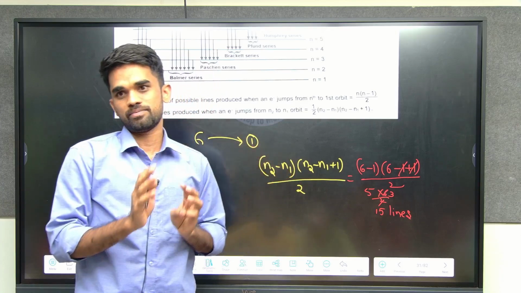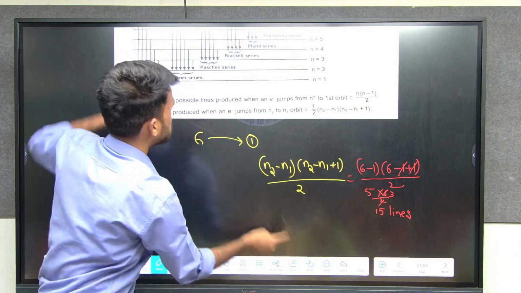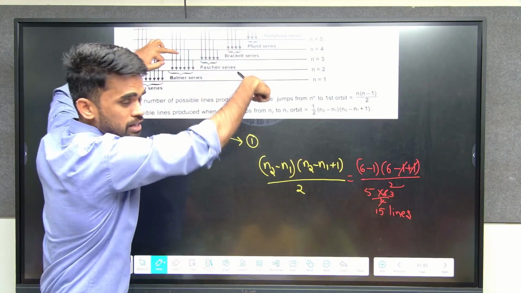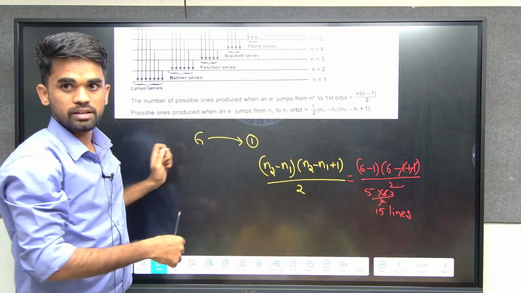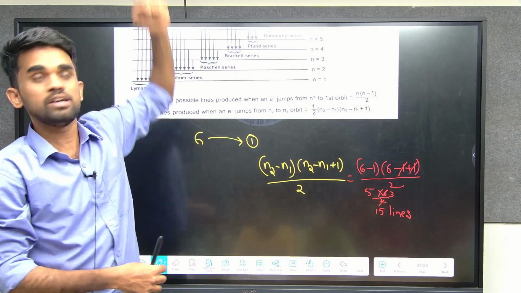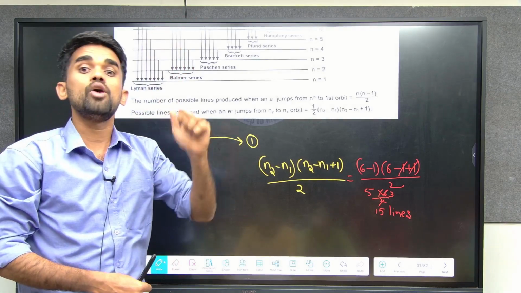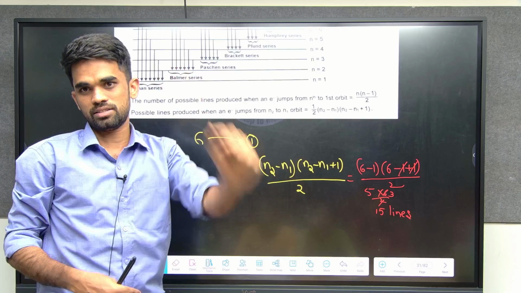Like this I am asking. Did you understand the question? Out of these 15 lines that are falling, how many appear in Lyman? It means 6 to 1 appears. 6 to 1 is a Lyman series line. 5 to 1 also a Lyman series line. 4 to 1 also. Like that, how many appear in Lyman series?